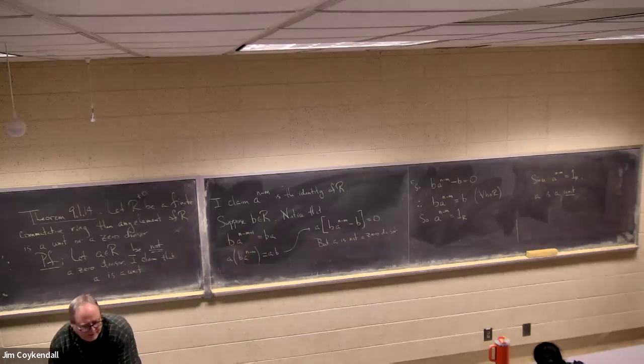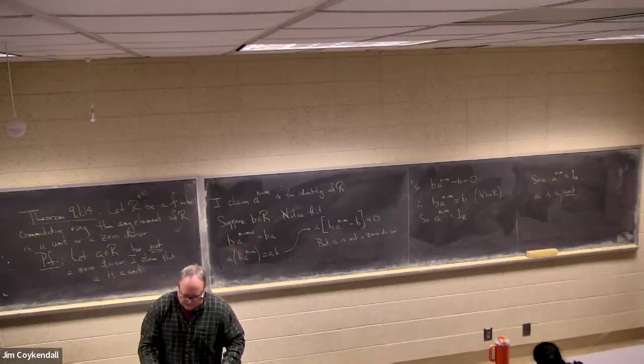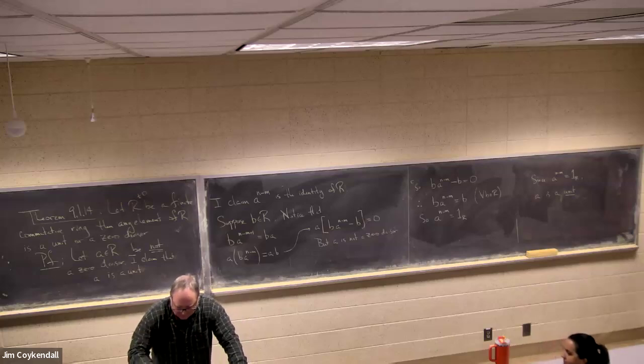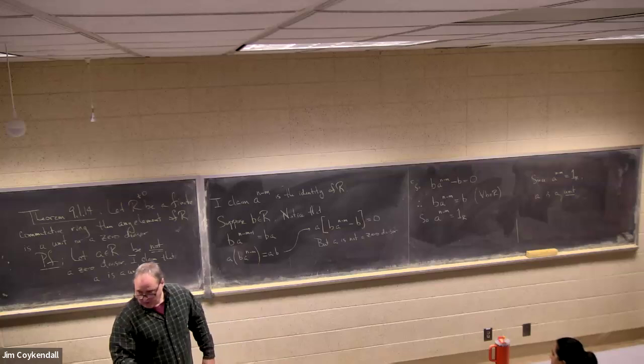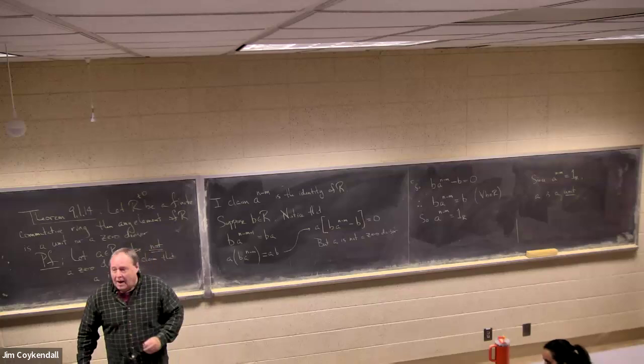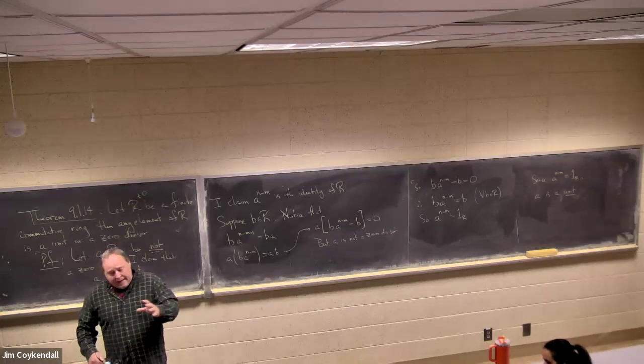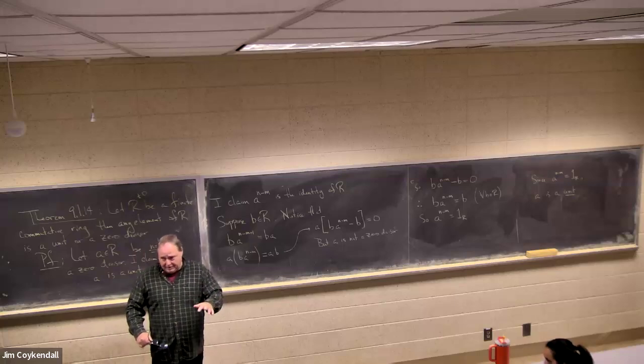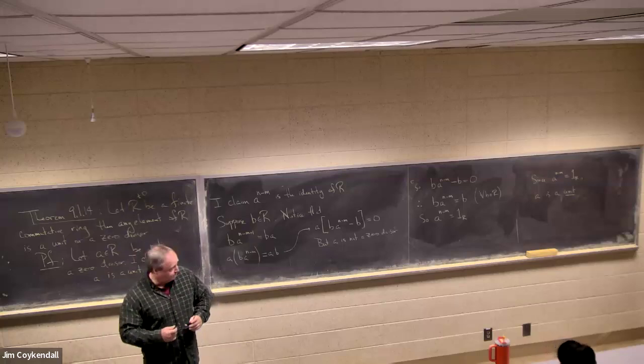A power of A is the identity. That means that A has an inverse, namely the one-less power is the inverse of A. Any questions on this? Yes. The identity, if a ring has an identity, is always a unit because it is its own inverse.